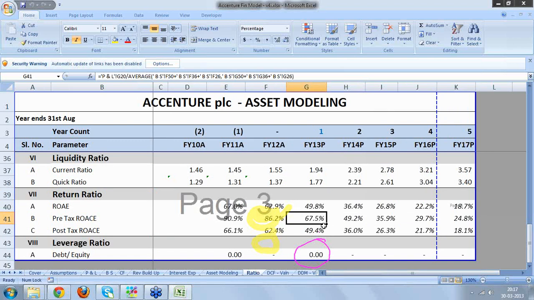So EBIT is consolidated 100%, so you have no other option but to consider in the denominator the entire capital employed. So it's the Accenture shareholders equity plus minority interest plus entire debt. So just be cautious while you are handling minority interest in ratio analysis.